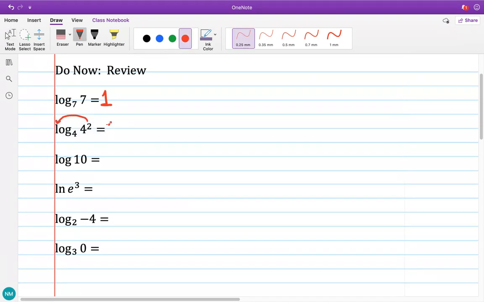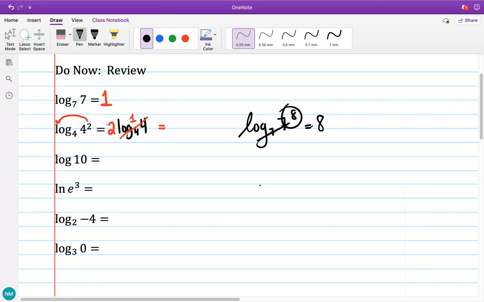So this is the same thing as saying 2 times log base 4 of 4. And log base 4 of 4 is, we said, 1. So 2 times 1 is equal to 2. So whenever I have something like this, yes, these still cancel each other out, but the answer is the exponent. So if I have log base 7 of 7 to the 8th, the answer is going to be 8. These cancel each other out, but the 8 stays.